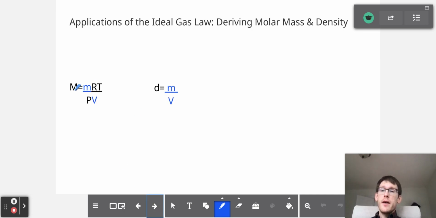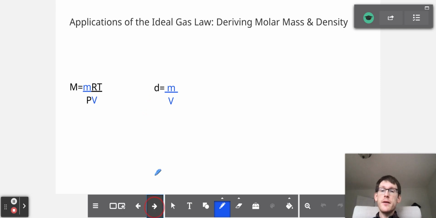From here, if we know the molar mass, we can also find density. Now, density we know of as being equal to mass over volume. And in this rearrangement of the ideal gas law, we do have a mass over a volume.